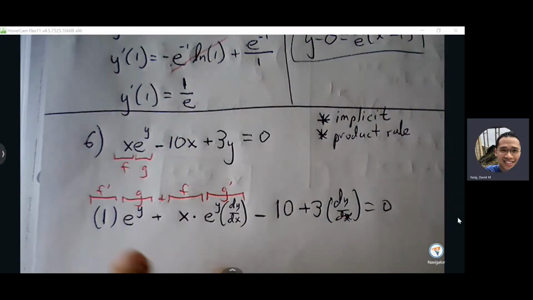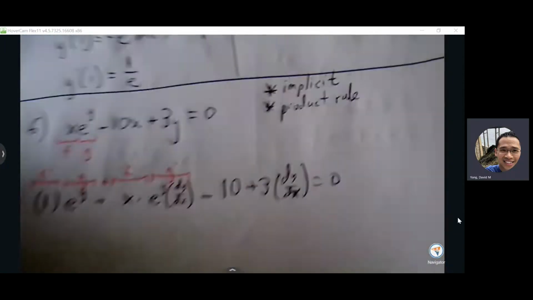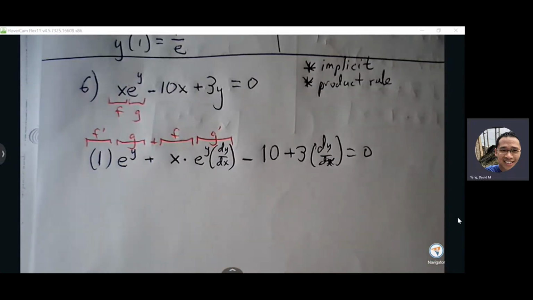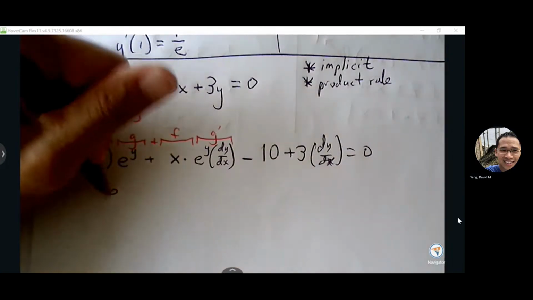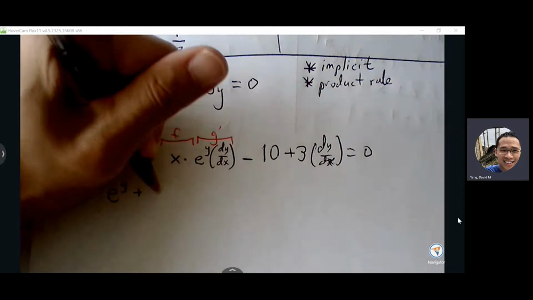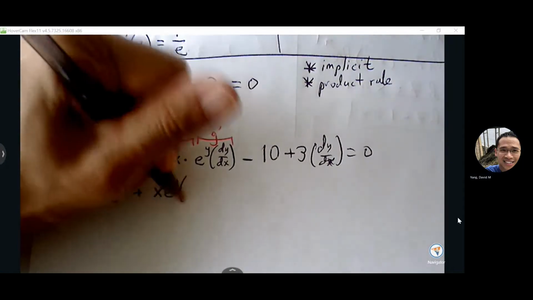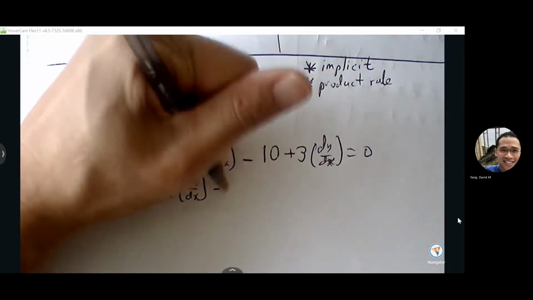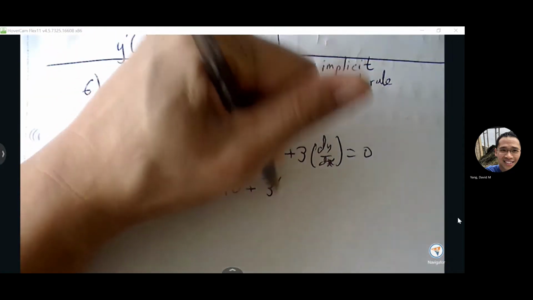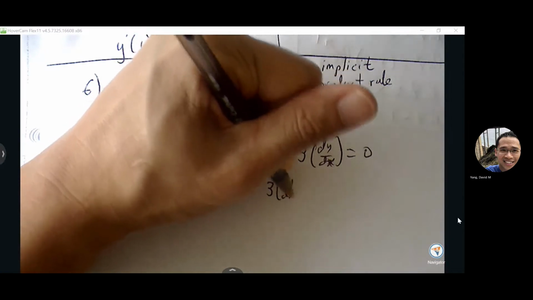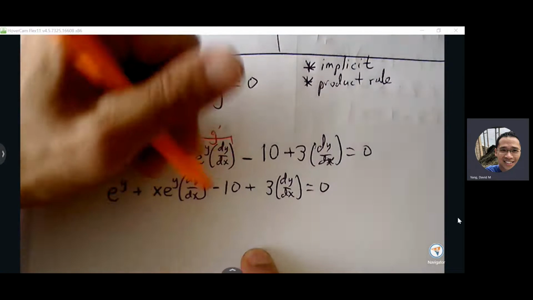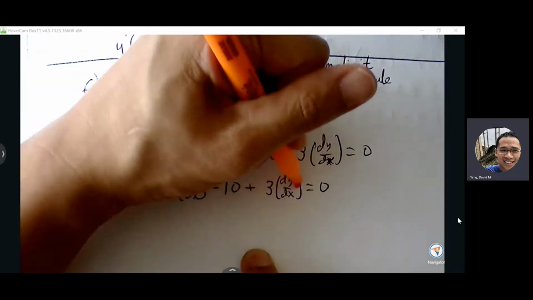All right, so we have 4 individual terms. With these 4 terms, we're just going to try to get the dy dx terms together so that we can group them together, factor out dy dx. Okay, so let me just clean this up a little bit before I start moving things around. So I see the 2 terms that are clearly including the dy dx.